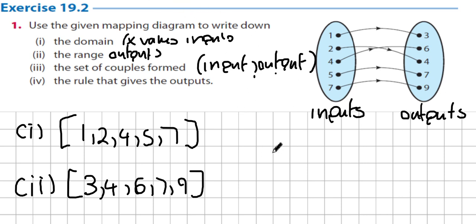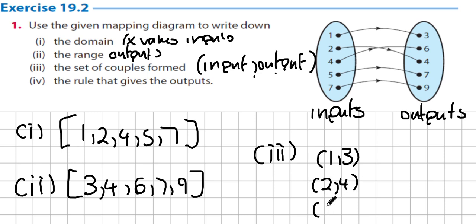So what does everybody think the first point is? 1, 3. Second point? 2, 4. Next one? 4, 6. Next one after that? 5, 7. And one after that? 7, 9.